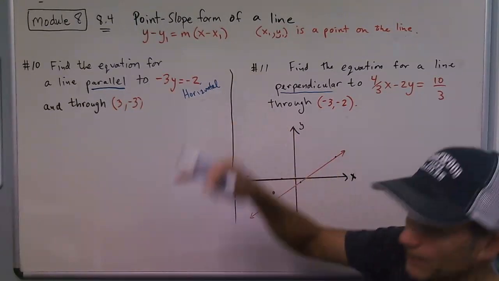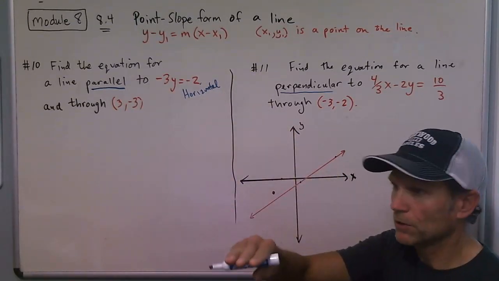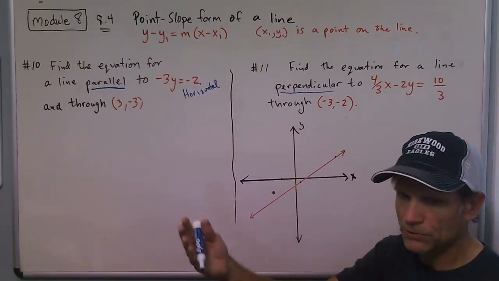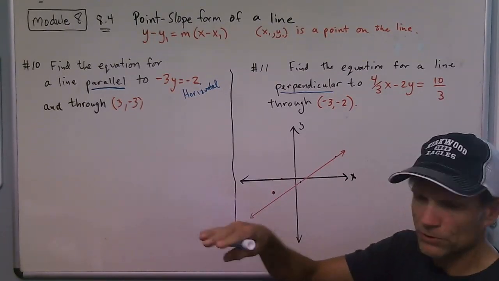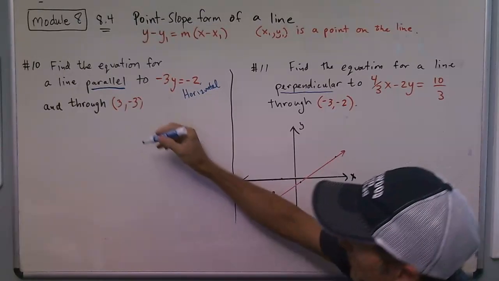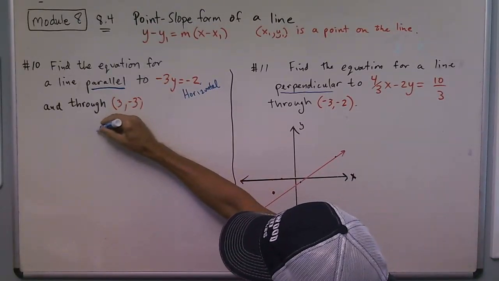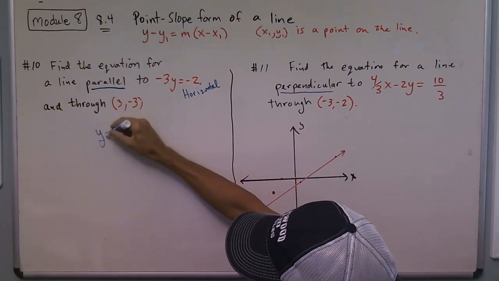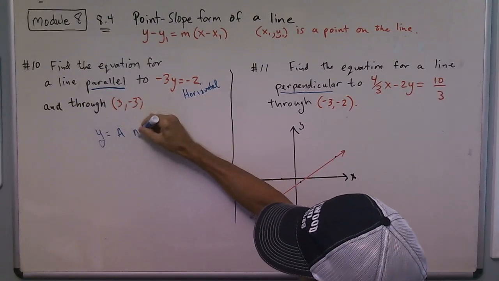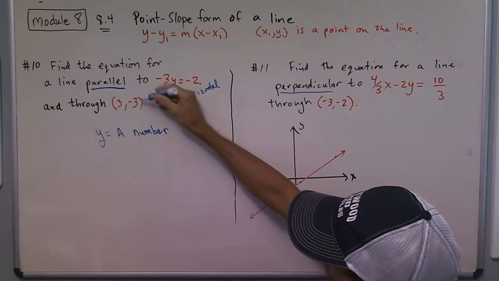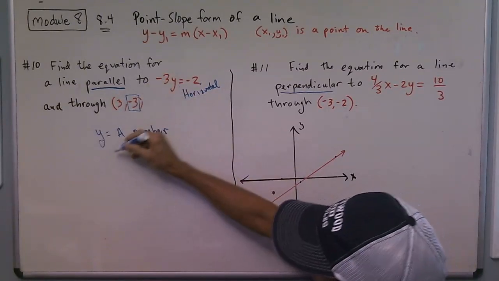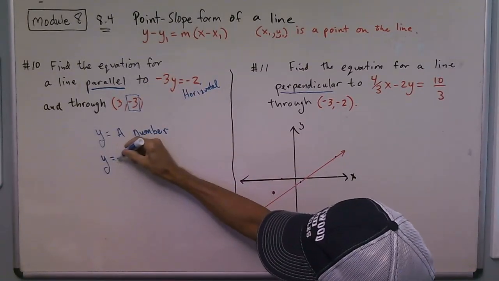Now, thinking about that, what's parallel to horizontal? It also has to be a horizontal line. So we know all horizontal lines are of the form y equals a number. And so then we just choose our y value here, and we get y equals -3.